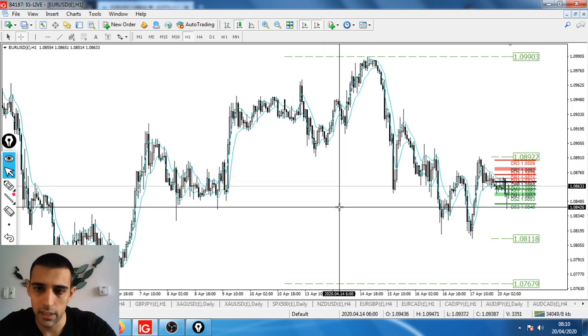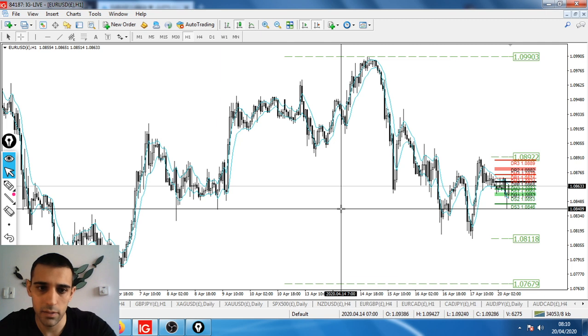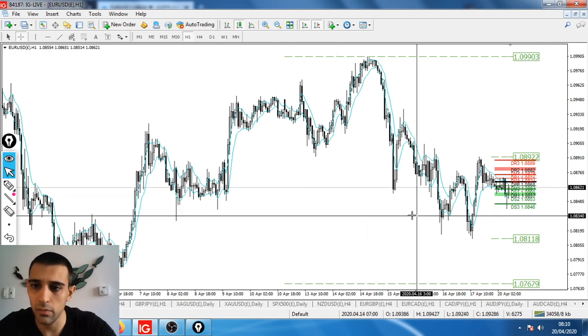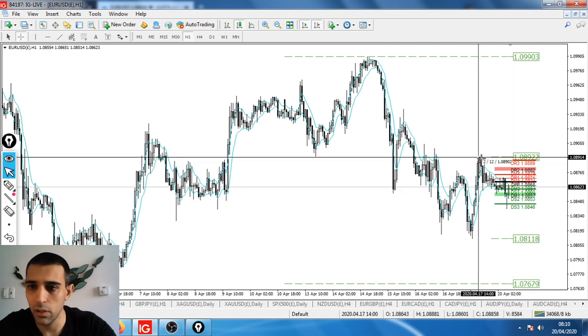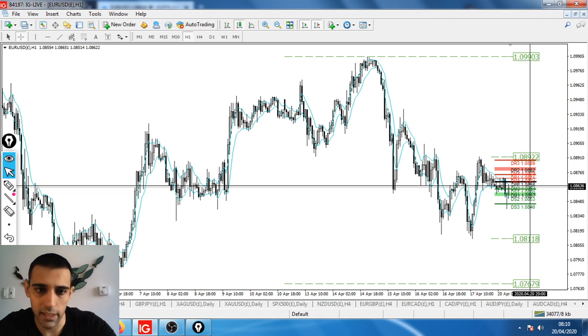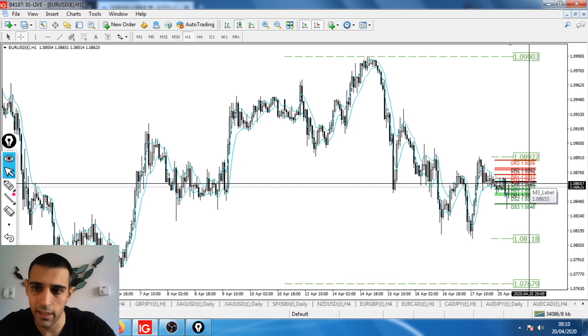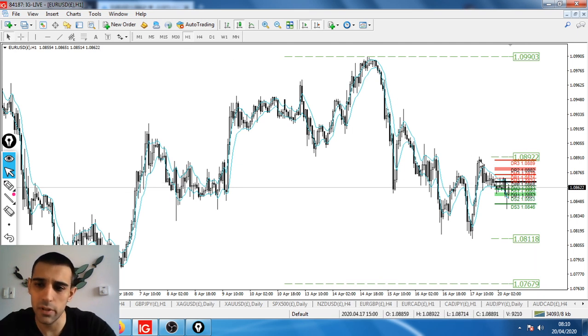So the price came down, it didn't quite manage to take out this low down here. Now it's coming back up, but overall I'm looking for the short side play. Maybe the price is heading to, okay, it already came out and tested this high here. I do want to see a bit more downside before I get onto the short side.